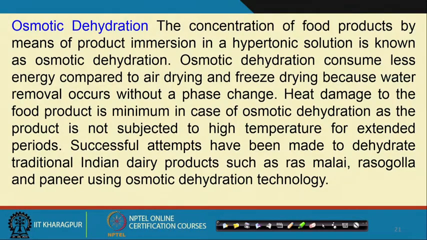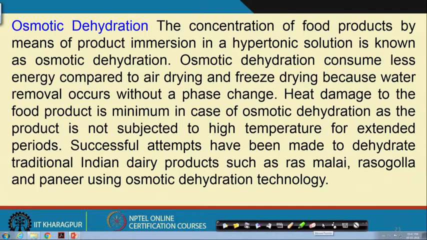So, osmotic dehydration, and in many cases this is dehydration, that is you are removing moisture from the food material.